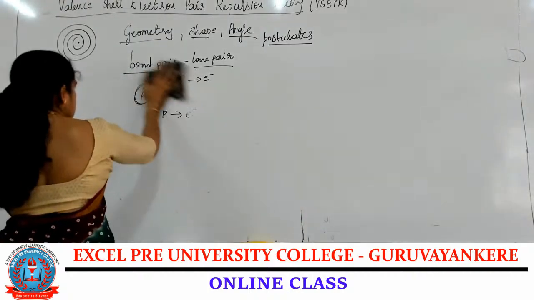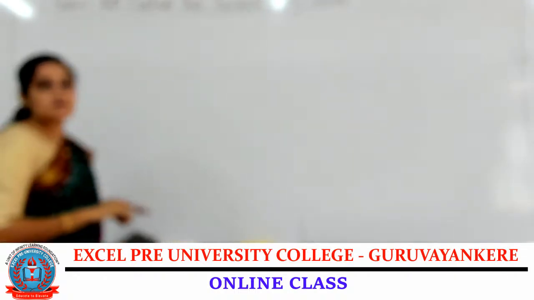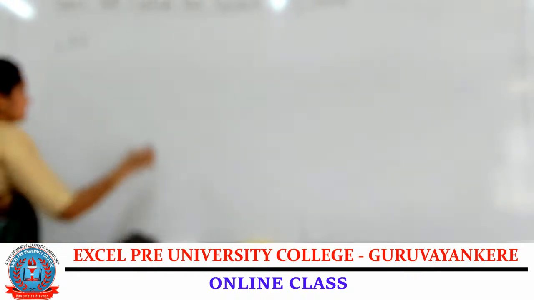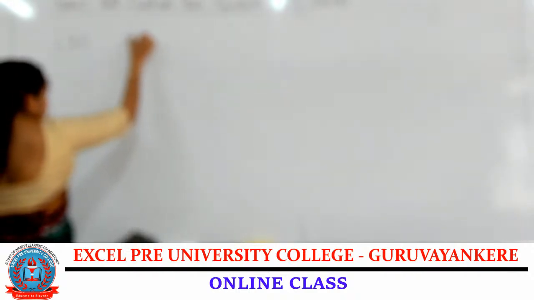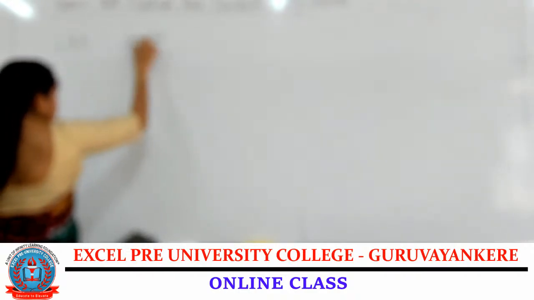So according to this, if two bond pairs are present, the geometry of the molecule is linear.